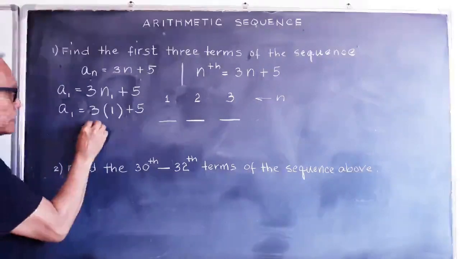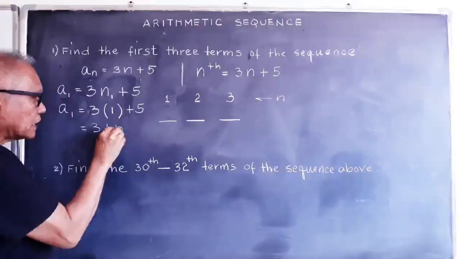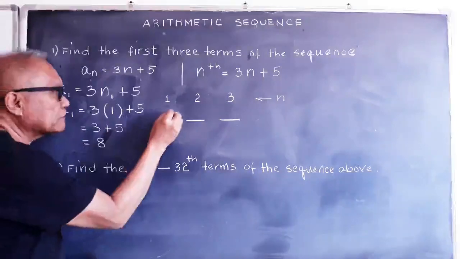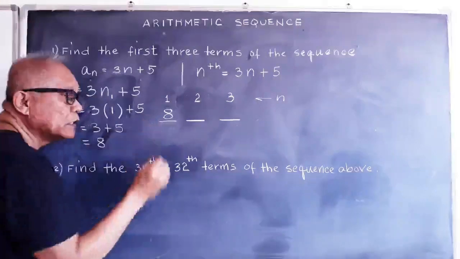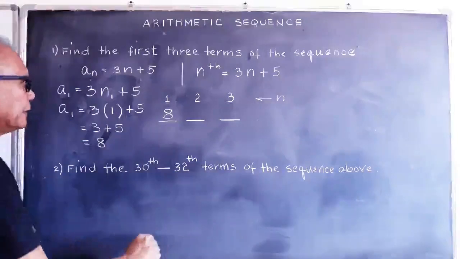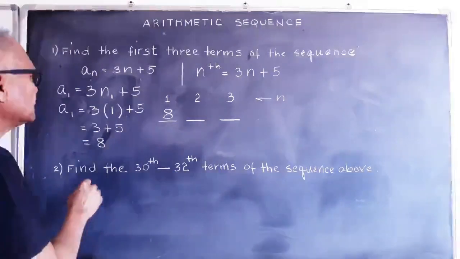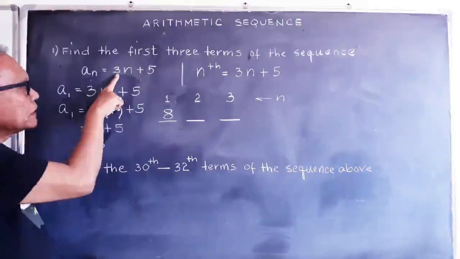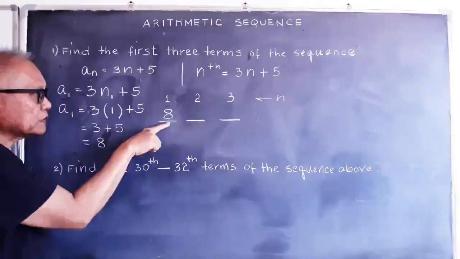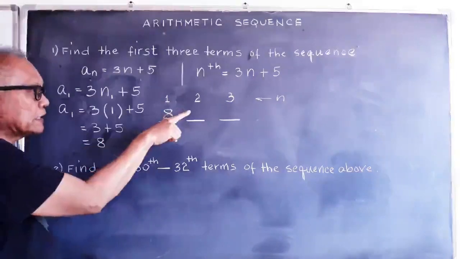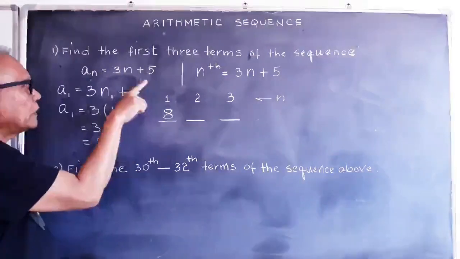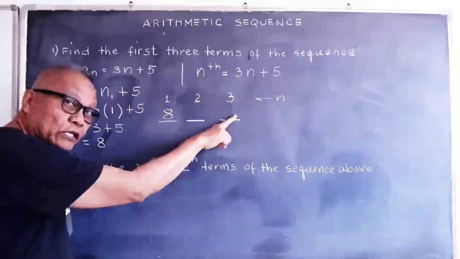So we have 3 plus 5, which is equal to 8. Therefore, our first term, n equals 1, is 8. If that one is 8, then we can just use the 3, which is the difference. So we can have 8 plus 3 is 11, and then 11 plus 3 is 14.